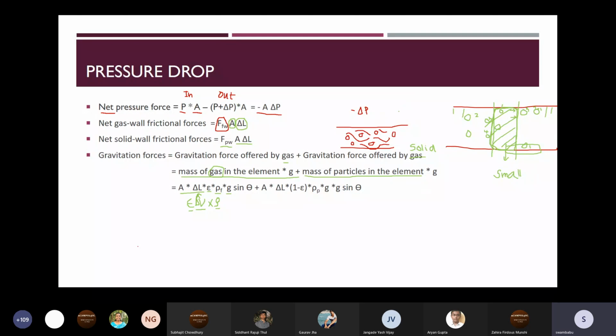Since this is an inclined wall, we need to incorporate sin theta. The fluid is flowing in this direction, but the gravitational force acts only in the normal direction. So this is theta, and we consider the sin theta term here. Similarly, for the mass of particles in the element, the solid volume is 1 minus epsilon, times particle density, times g, into sin theta.